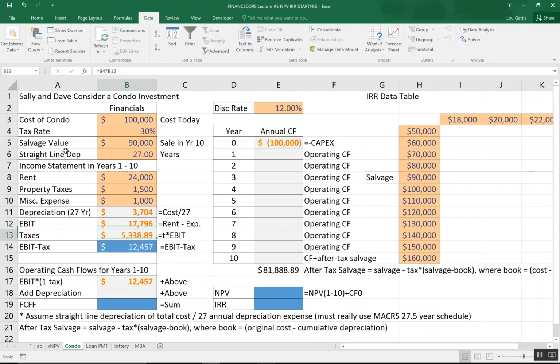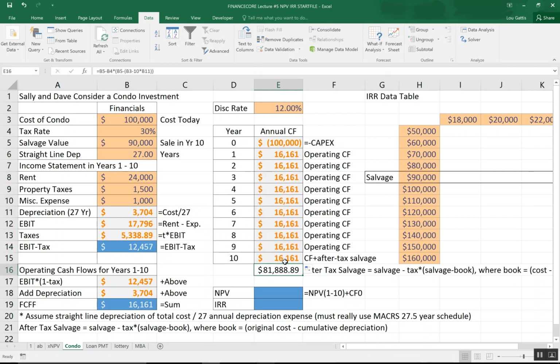That's the same value as here. We're then going to add back our depreciation and add those two numbers. So at the end of years 1, 2, 3, 4, 5, 6, 7, 8, 9, 10, we're going to get cash flows of $16,161. So I'm going to create a little link to that. That's my free cash flow for the condo. I'm going to copy that down and anchor it.